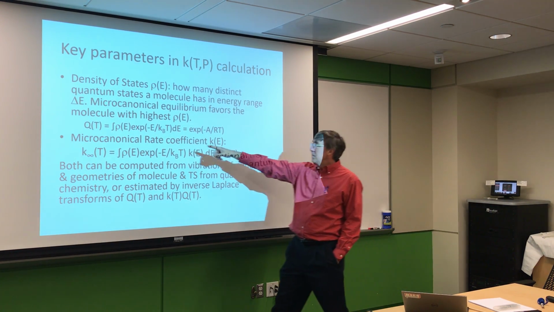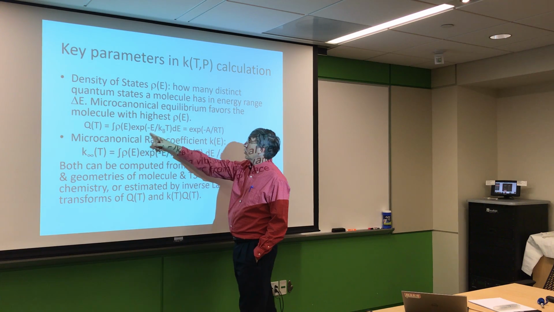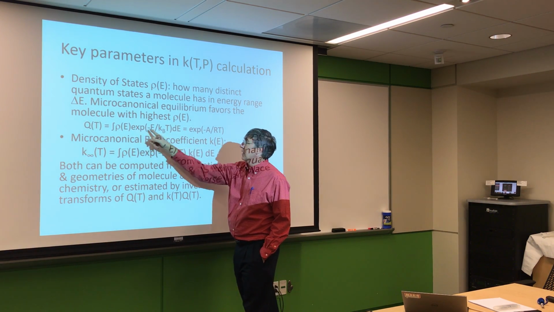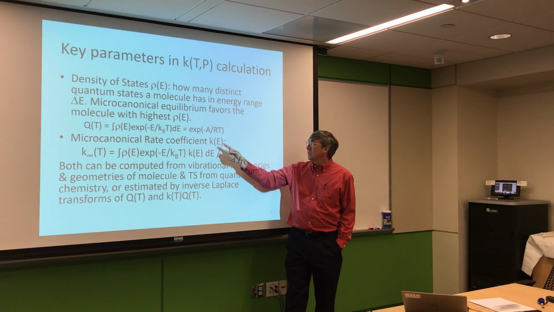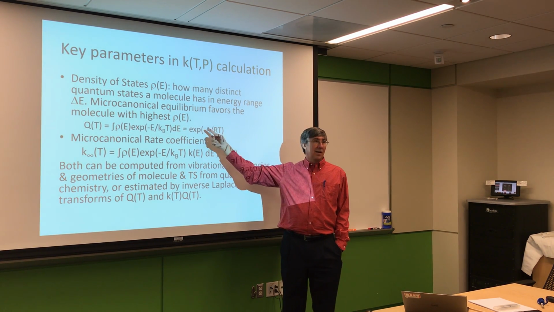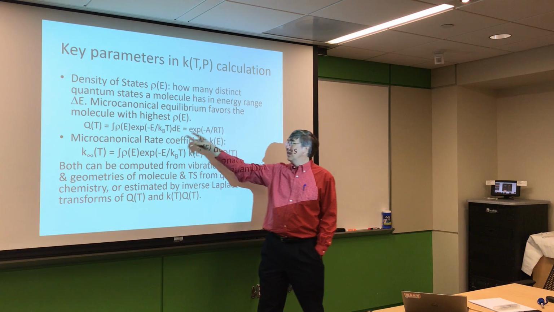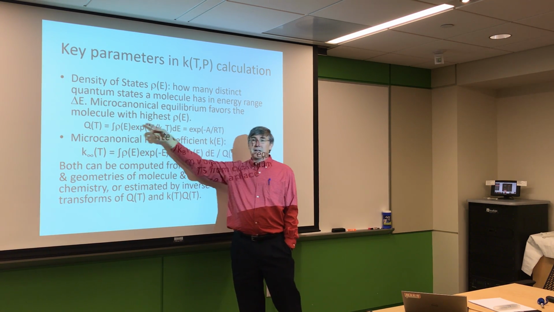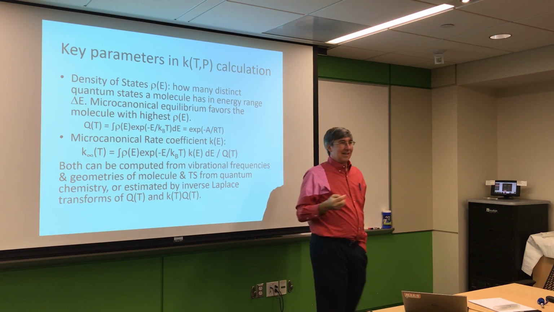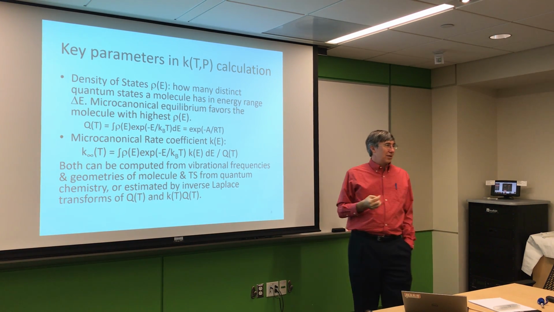So the density of states, if you do a Boltzmann average of this thing, is what we call the partition function Q. So the Helmholtz free energy of the molecule is related to this density. This is like the Laplace transform of density gives you the Helmholtz free energy.